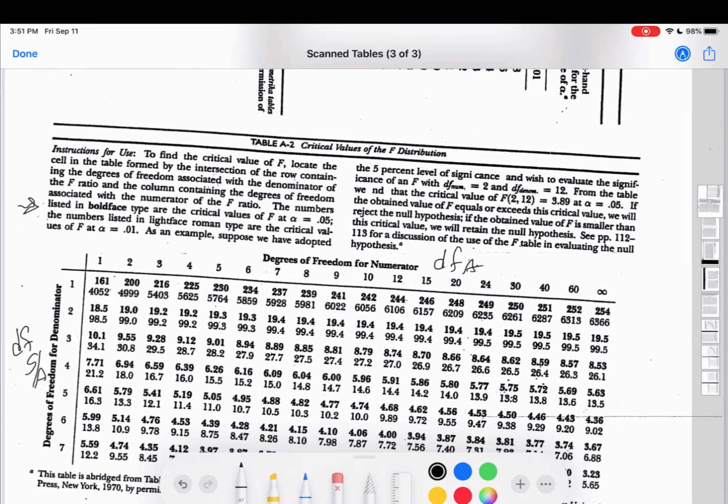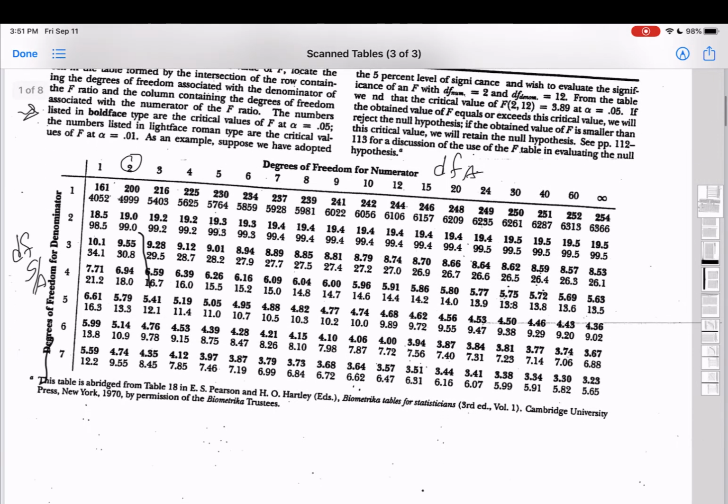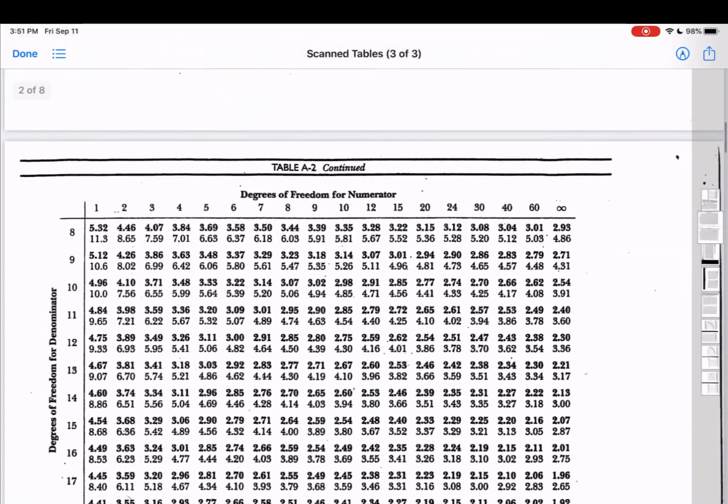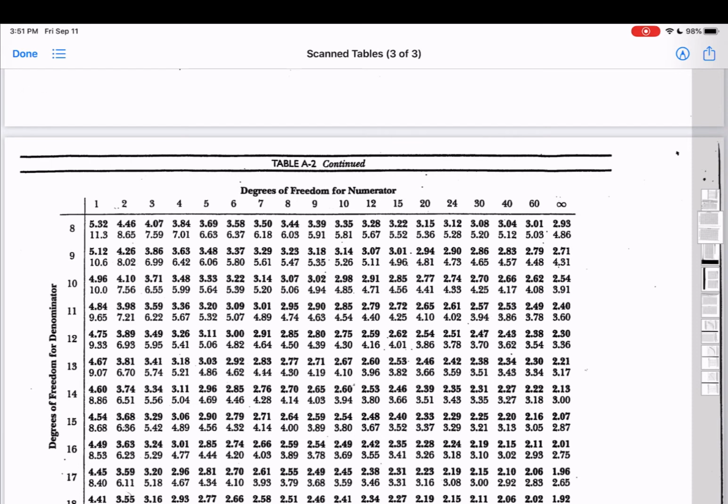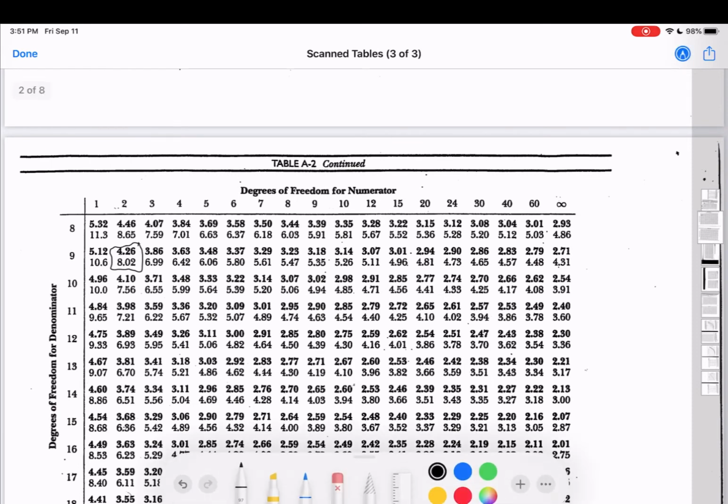So we're going to look up, so we want to look at the second column, okay, and then 9. So it's not even on this page. We have to go, oops, we have to go to the next page. So we're going to look at 2 and 9. And those are our critical values.